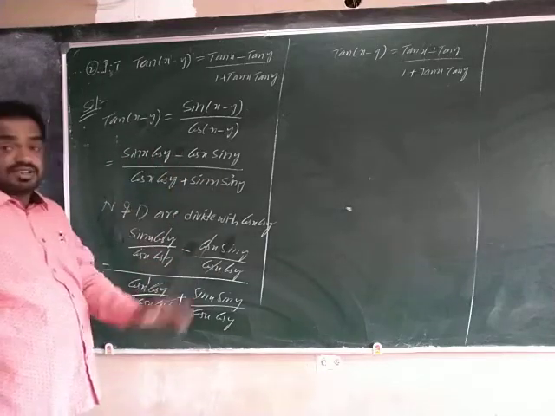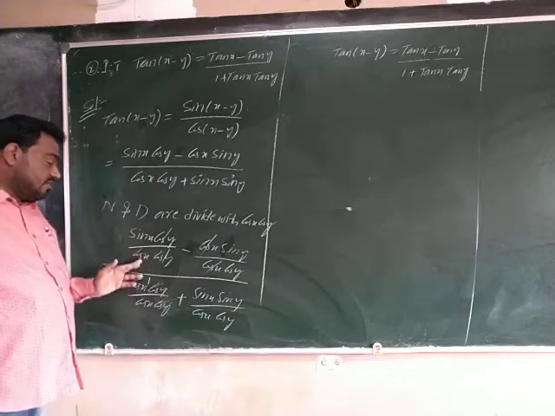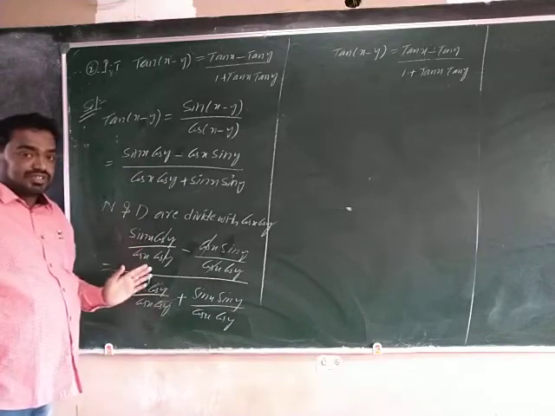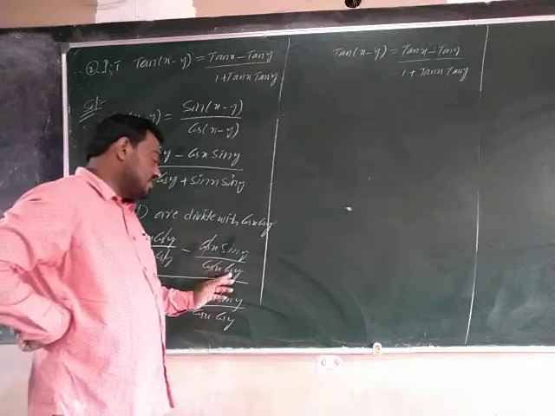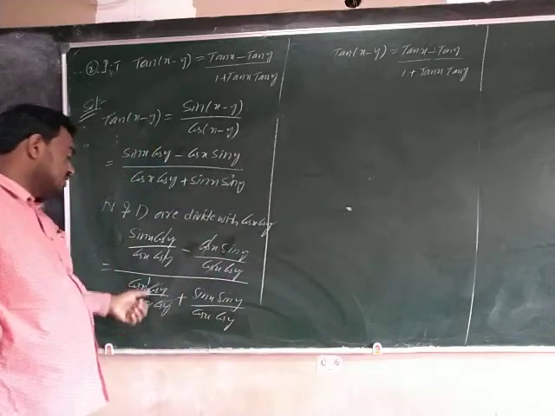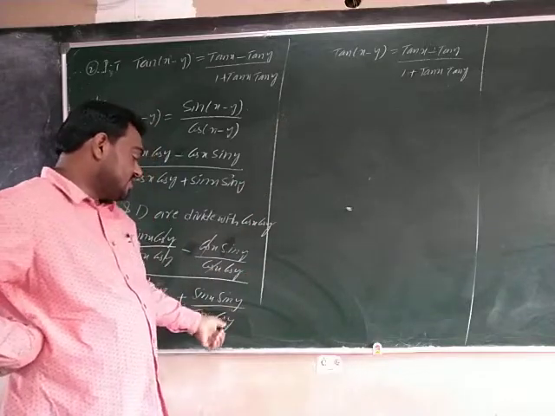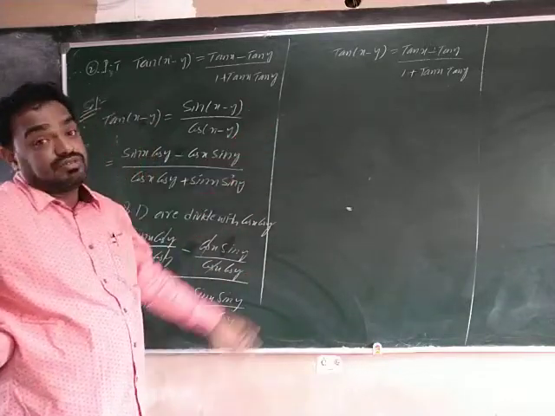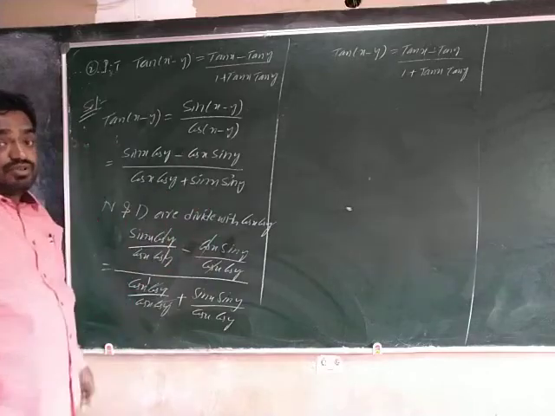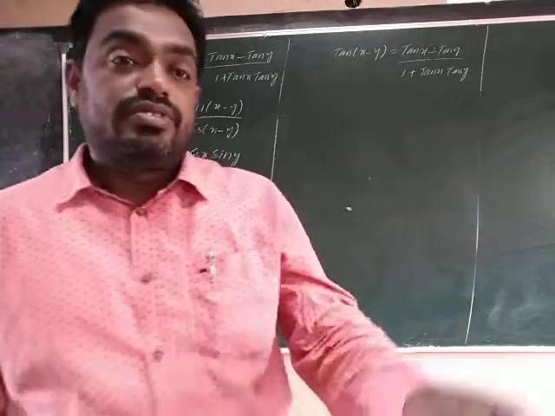After this simplification, it is like the previous question. Next, sin y by cos y is tan y, the total gets cancelled to 1, plus sin x by cos x is tan x, and sin y by cos y is tan y. This is the proof.